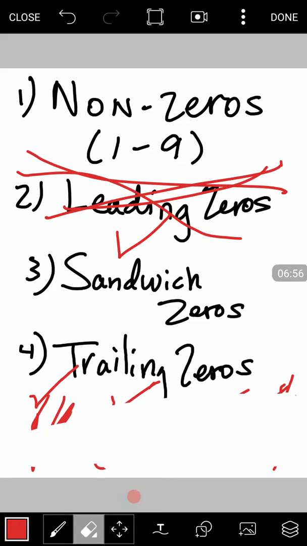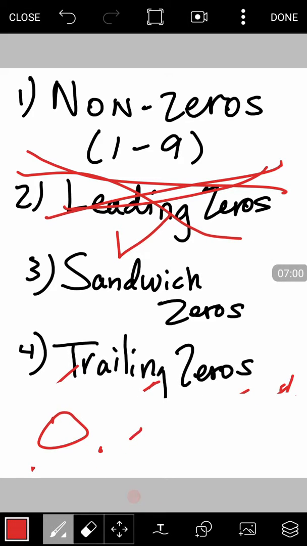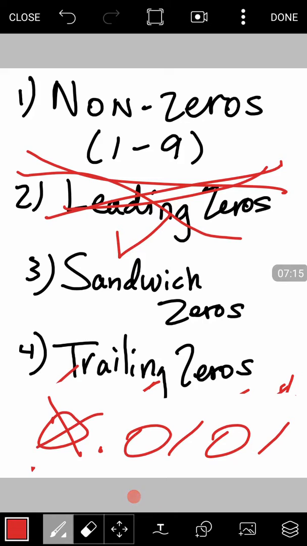Okay, let's look at another example. What if I have 0.0101? Here I'm combining situation 2 and situation 3. In situation 2, we're talking about leading zeros, and leading zeros are never important. So we got this 0 at the front, you're not important. Here's another 0 in the front, you're not important.